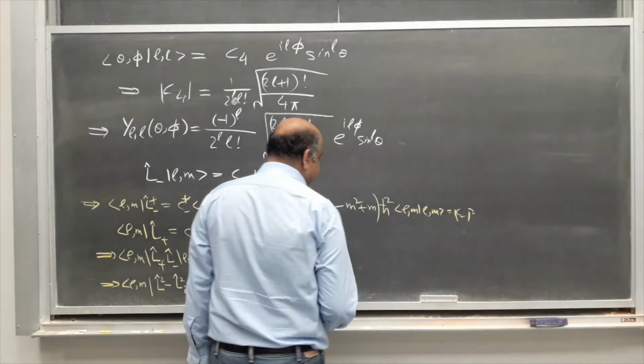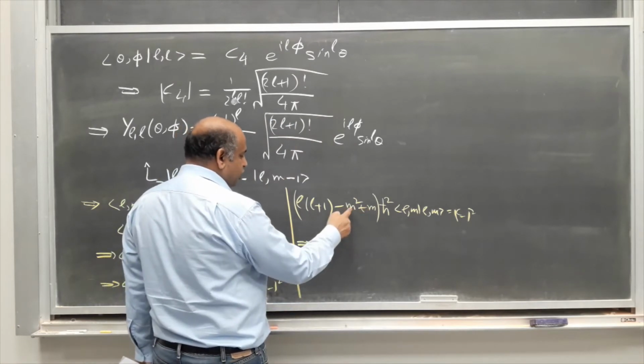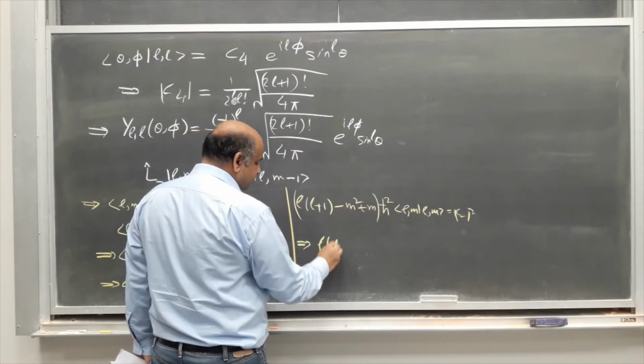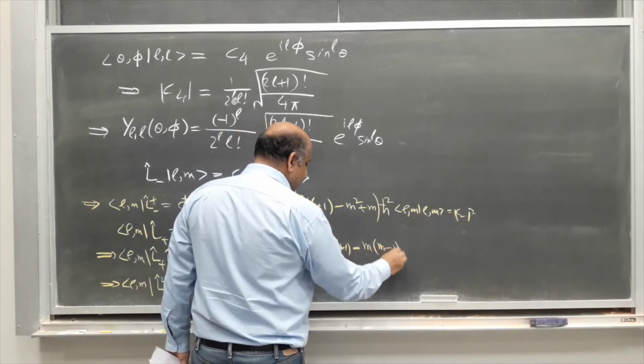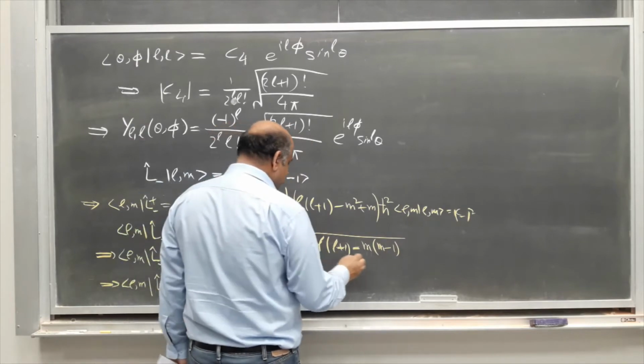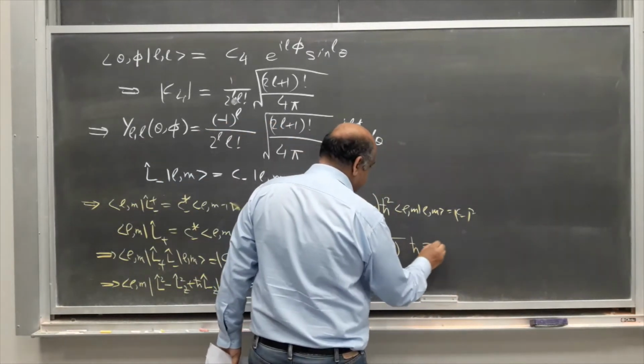So since this is 1, and I can take m common from here, we get the square root of L into L plus 1 minus m into m minus 1, and there's an h bar here.